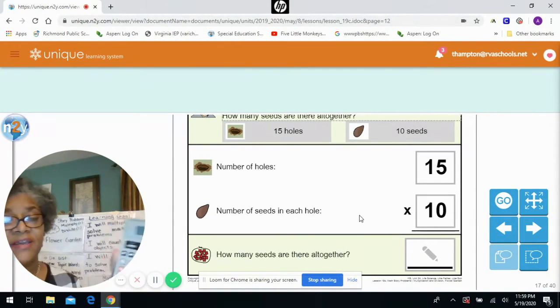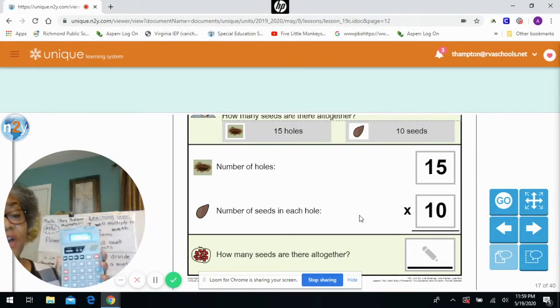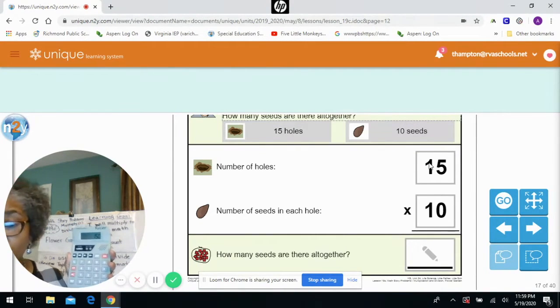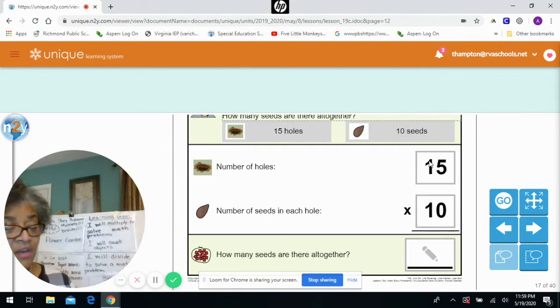Remember, we always put the top number first. So it's 1, 5, times 1, 0 equals 150.